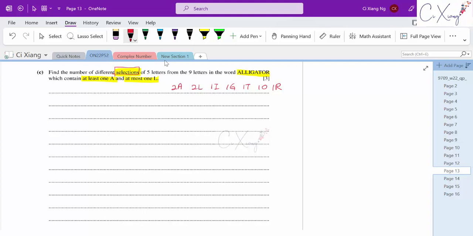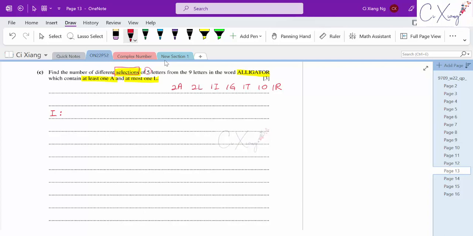So we have to list out the possible cases that fulfill the restriction here. They want at least one A, at most one L, and I want to select 5 letters.